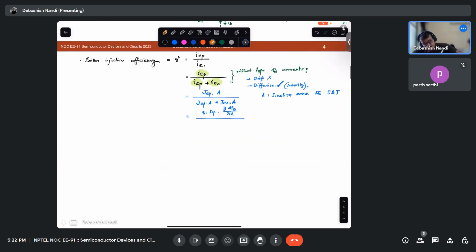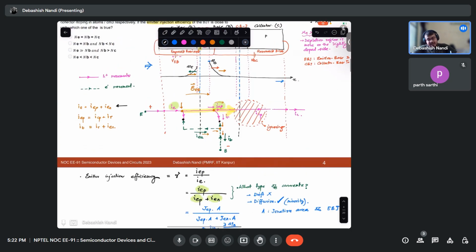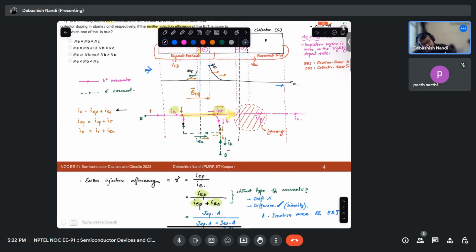So again this will be q D_P times del P_B over del x plus q times D_N del N_E over del x. What are del P_B and del N_E? It is the excess minority carrier concentration at these points, the depletion region edges.